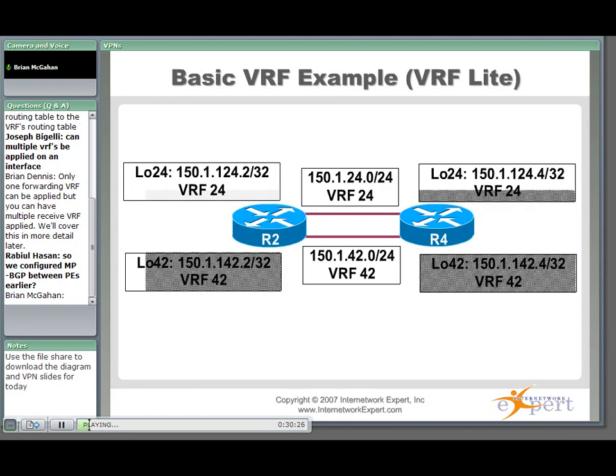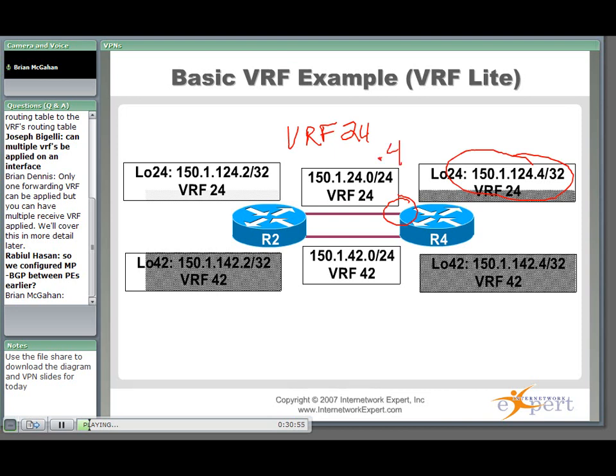On router 2, in order to reach the 150.1.124.4 link, we're going to be sending the traffic out VRF24. We're doing the lookup inside VRF24, and it's going to go to this next hop value, which is 150.1.24.4.